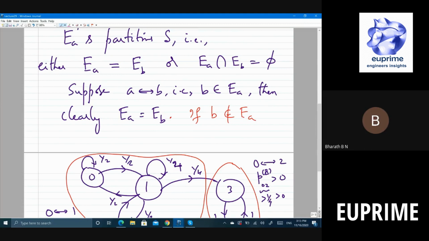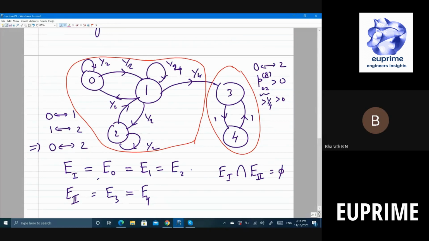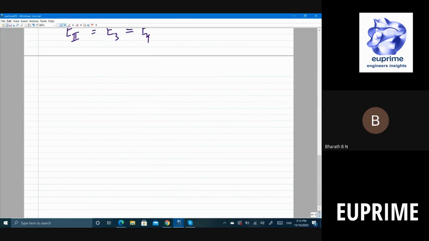That means if B can communicate with any other state, those states cannot communicate with the states in EA. Therefore, EA is not equal to EB, and they are disjoint. Even if one element of EB belongs to EA, then all the elements of EB belong to EA, so EB equals EA. Is this clear? You have to write it a little more formally, but this is the argument. That's very important. So this is what you mean by splitting: the communication relation forms an equivalence class, and therefore it partitions.